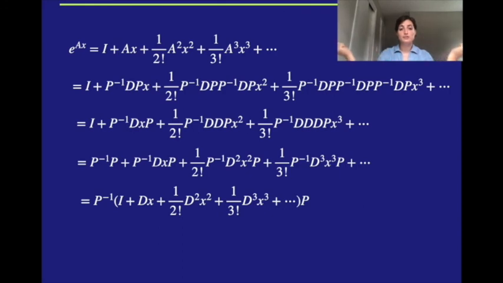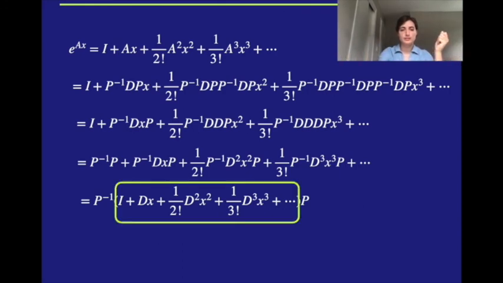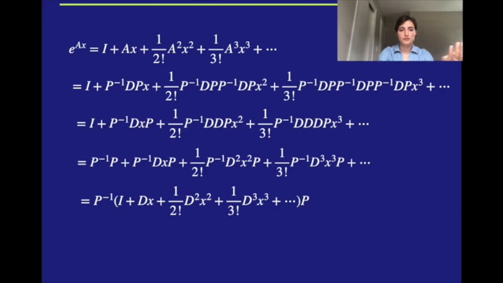So we can take these terms out. And what do we have in the center? Well, this is the definition of the exponential of D. So we can rewrite the exponential of Ax as P^-1, the exponential of Dx, with D a diagonal matrix, times P. And the exponential of the diagonal matrix is something that we know how to do.